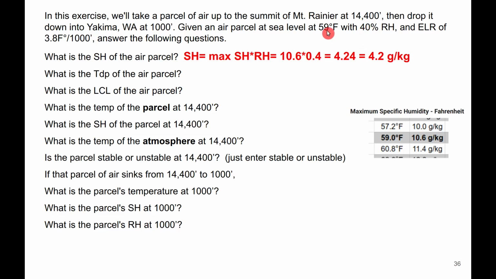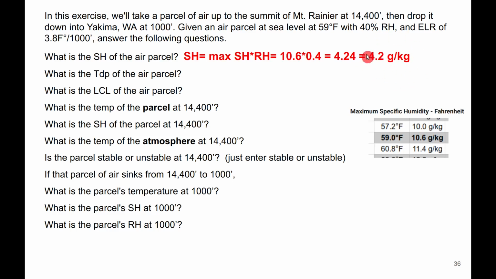So we need to find the maximum specific humidity. Hopefully you still have the Lab 6 handout handy. We look up 59 degrees. The maximum is 10.6. 10.6 times 0.4 gets us 40% of 10.6 grams. That's 4.24 grams, which rounds to 4.2 grams.